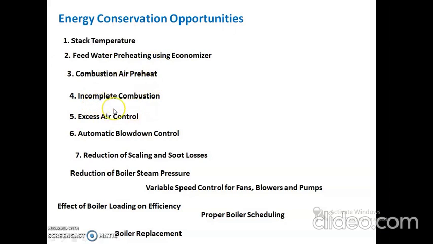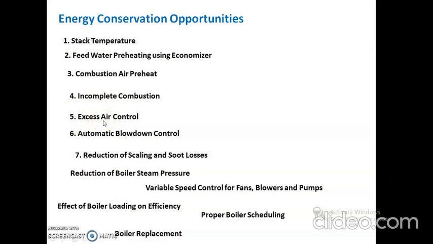Then incomplete combustion, check for incomplete combustion. If incomplete combustion takes place, you can observe the CO percentage, which is carbon monoxide, increasing in your exhaust, which is an indication of incomplete combustion, and try to diagnose the reason for CO. Generally, check whether the amount of air supply is proper or not.